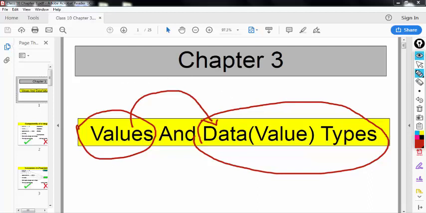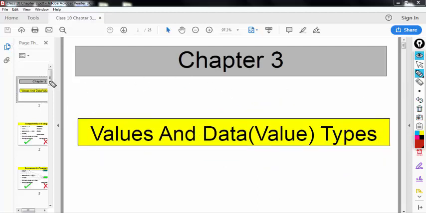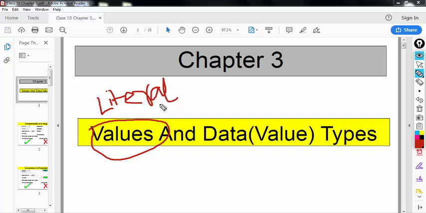And the word literal is actually referring to values. Okay, so literal means values, and since values and data are the same, literal also means data.